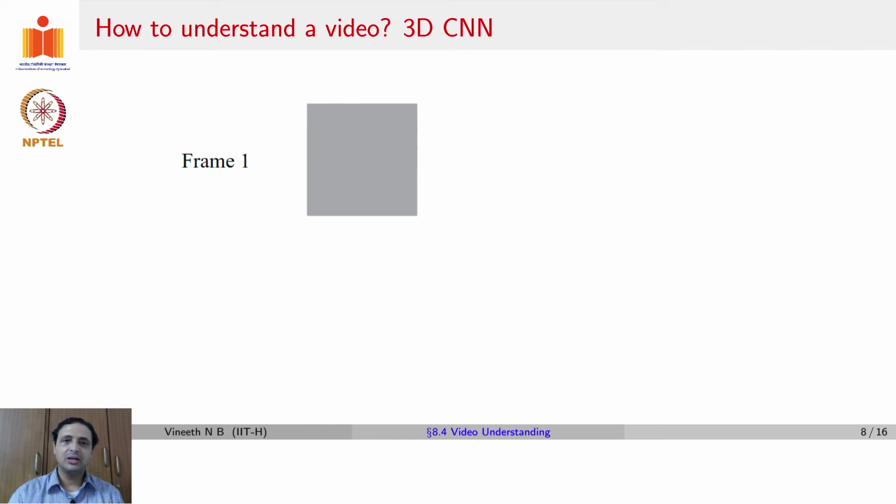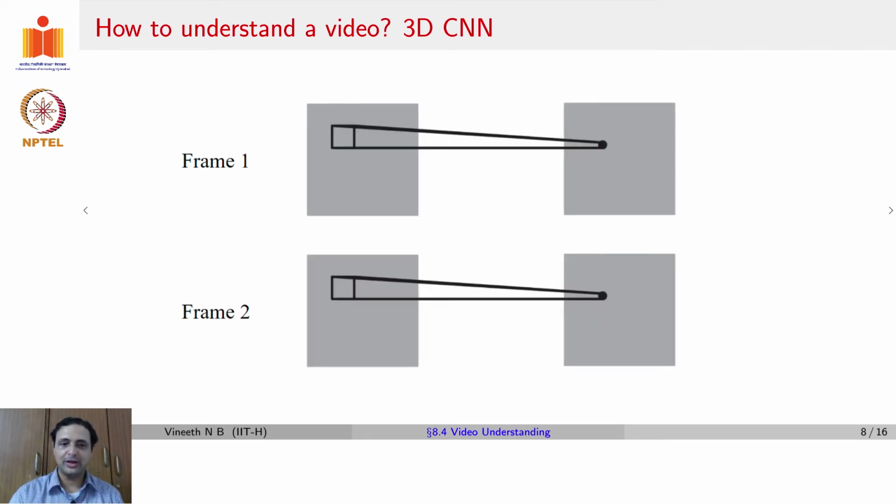Traditionally speaking, if you had one frame from a video or more frames, if you performed standard 2D convolution, you would look at a particular patch of each frame, perform convolution, and you would get a certain output in the output feature map.